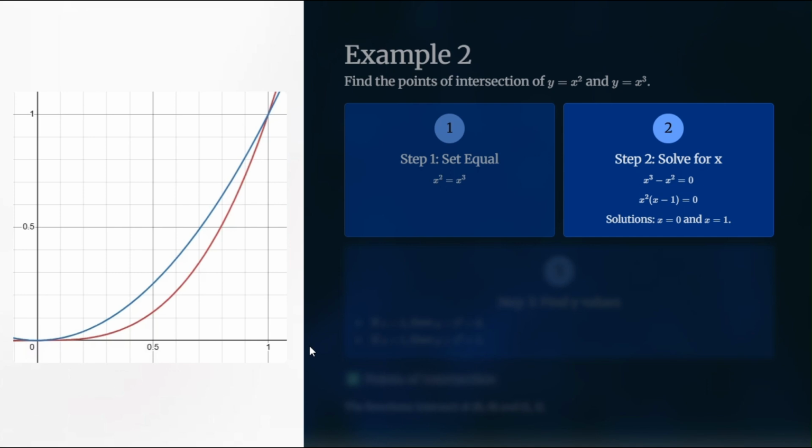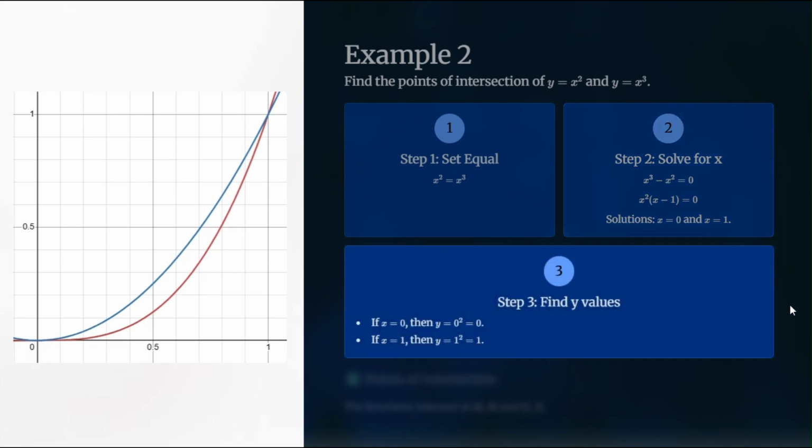Once again, we have a product. If either factor is 0, the product will be 0. So first, if x squared equals 0, that means that x equals 0. Or if x minus 1 equals 0, that means that x equals 1. In order to find the y values, we can substitute our two solutions, x equals 0 and x equals 1, into one of the equations.